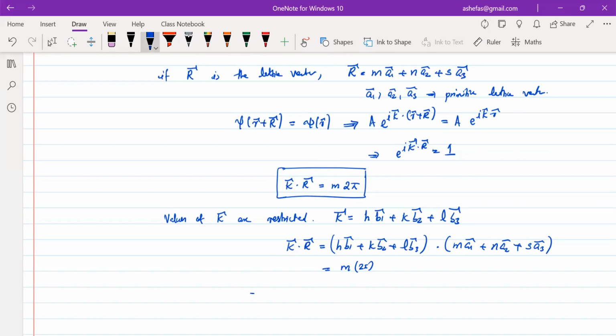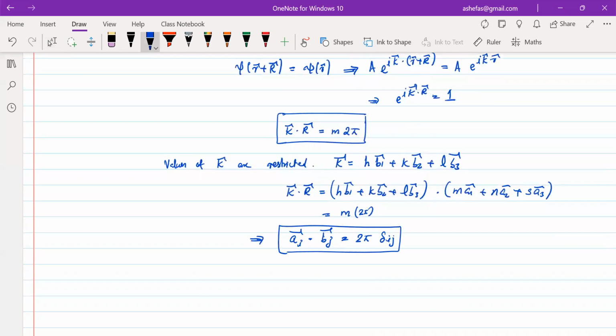Now it can be easily achieved if you include this condition, that is ai dot bj equals 2 pi times delta ij. That is, b1 dot a1 would be 2 pi, b2 dot a2 would be 2 pi, b3 dot a3 would be 2 pi, and all other terms are 0.